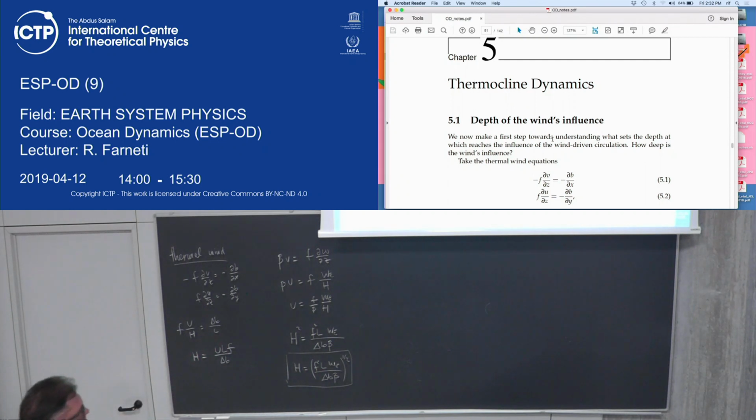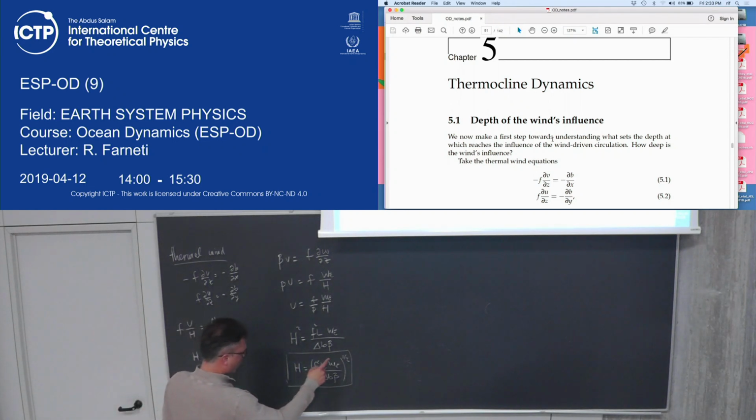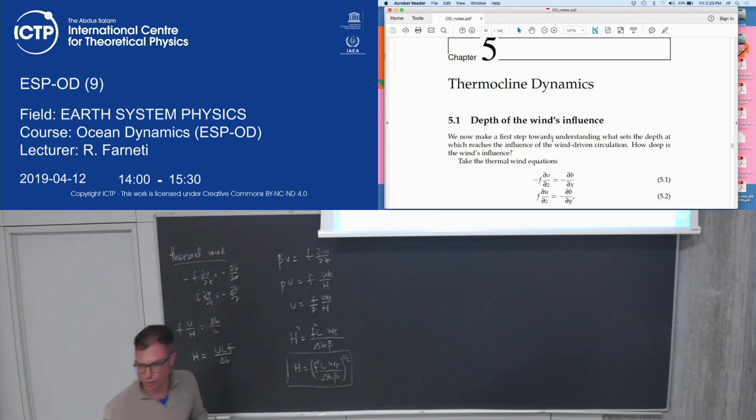Okay, but having delta B, the horizontal change in buoyancy, is not really what we want to work with. We would like to see a vertical dependence of this H. And to do that, we're going to look at the stratification. So we're going to try to relate the horizontal change in buoyancy to the vertical stratification to get an estimate of H as a function of the vertical Ekman pumping and the vertical stratification.